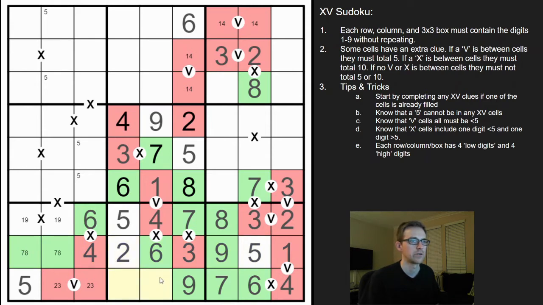These two, we're missing a 1 and an 8. That's a low cell. 1, 8. Oh, there's already a 1 there, so that must be an 8. That's a 1.